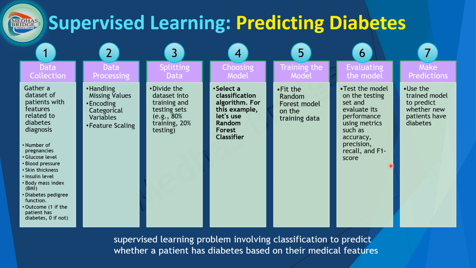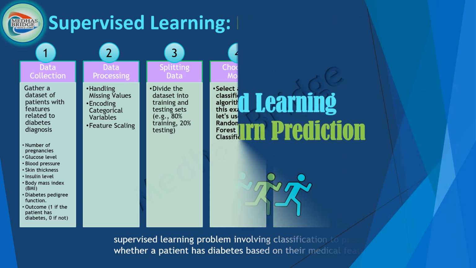So next, we use the same trained model to predict whether the given patient has diabetes or not, right? This is how you infer how you are going to build a machine learning algorithm to apply to that business use case. So in this case, the supervised learning problem involves classification to predict whether the patient has diabetes based on their medical features.